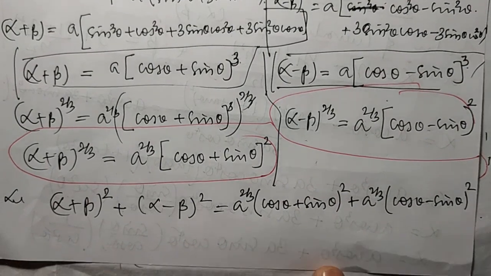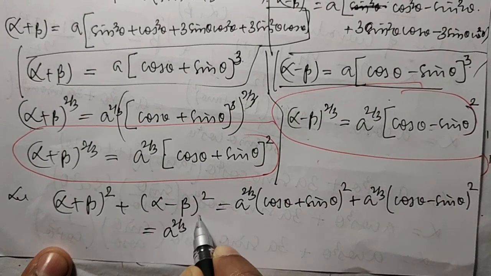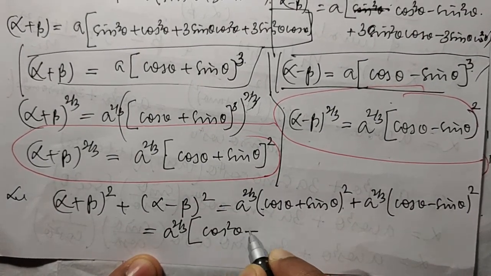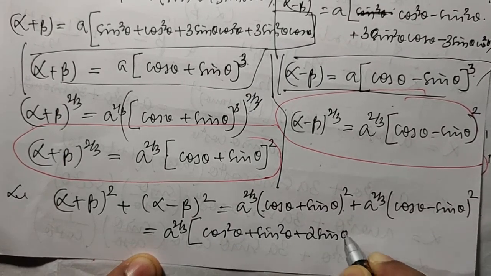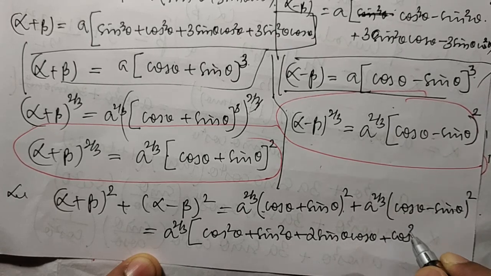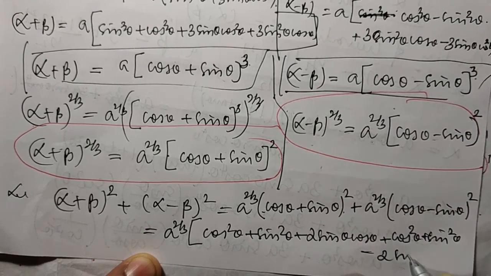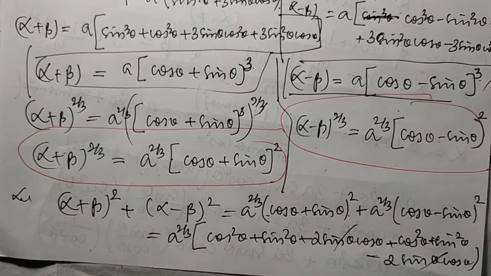That is equal to a raised to 2 by 3 common, then the expansion of this will be cos square theta plus sin square theta plus 2 times sin theta into cos theta, plus the expansion of this will be cos square theta plus sin square theta minus 2 times sin theta into cos theta. Therefore, it gets cancelled.